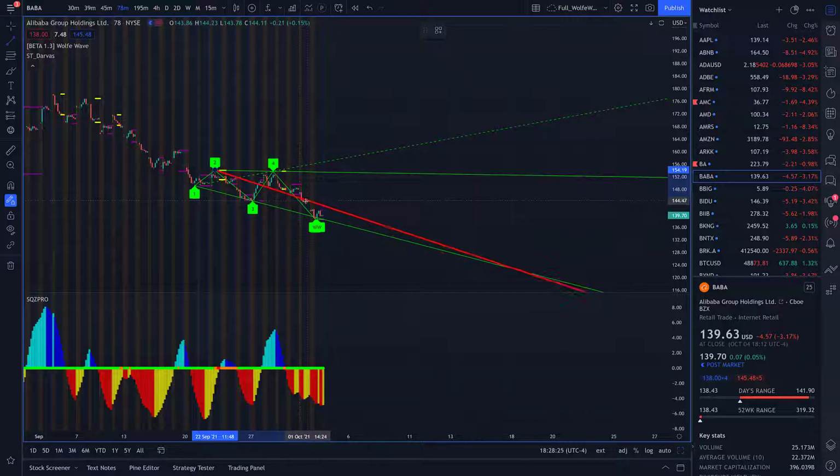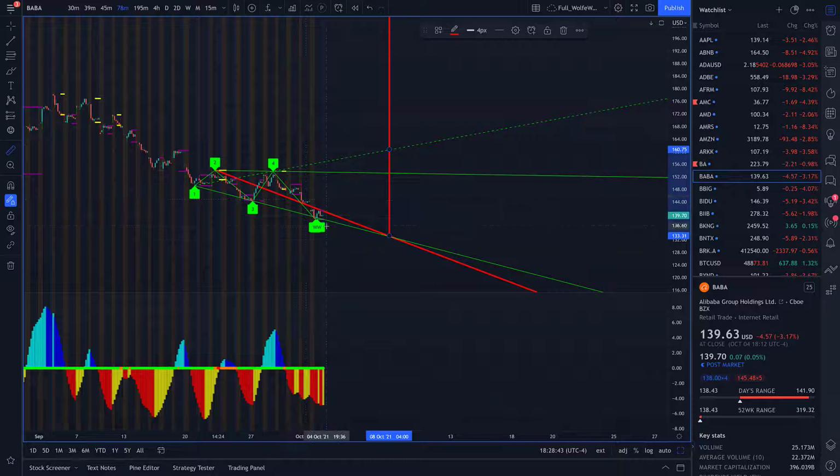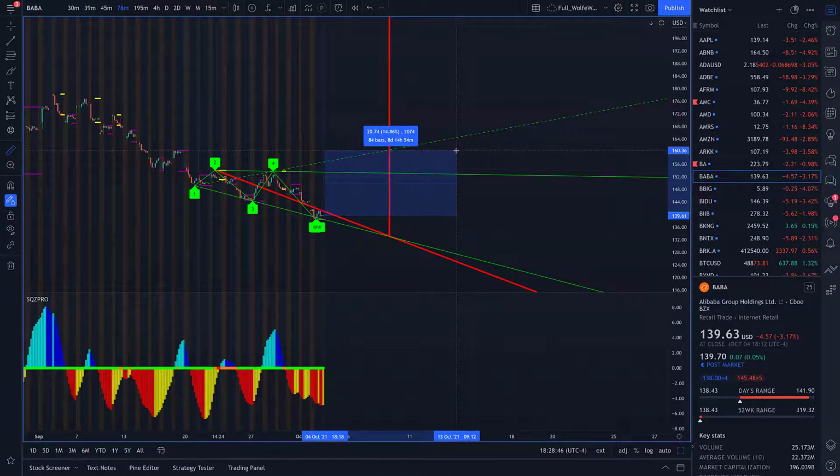If that's the one I choose as my support level right here, then the time is October 8th, where I expect Alibaba to make a move up to 160, which is approximately a 14% move. You might think that's great, so let's take it. But you also have to realize there are no 78-minute TTM squeezes. We know that 78-minute TTM squeezes are required to get those big moves most of the time.